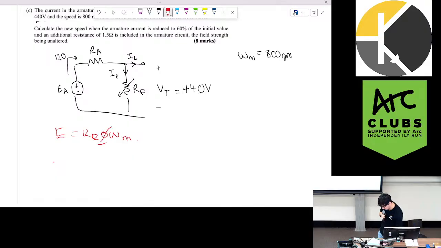We know K_E phi is going to be constant, and we are given omega_m being 800 RPM. But we need to find E. How could I find E from the circuit that we have? So how could I find the voltage at this node?